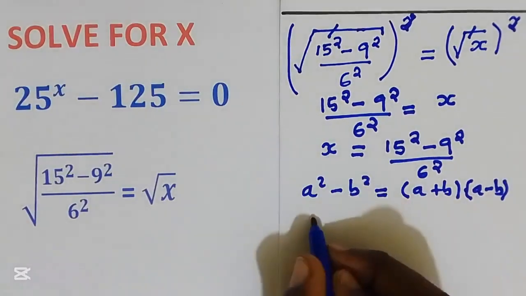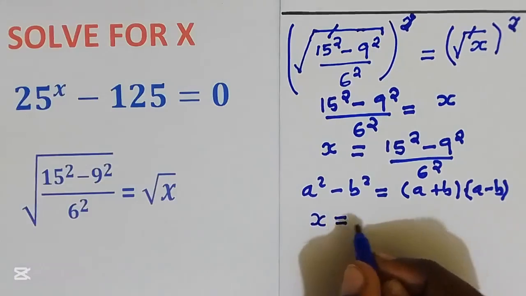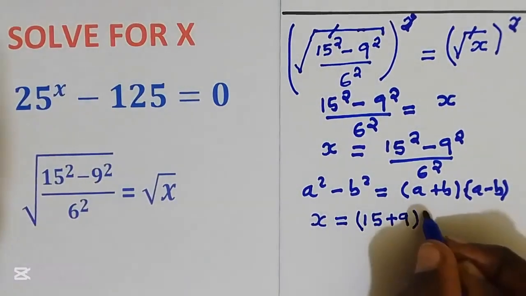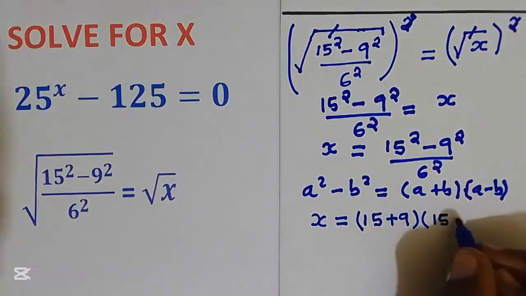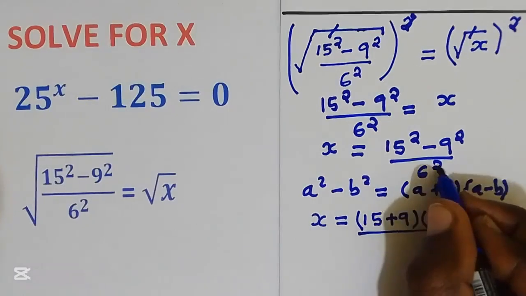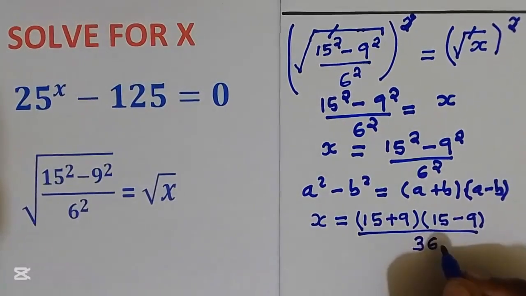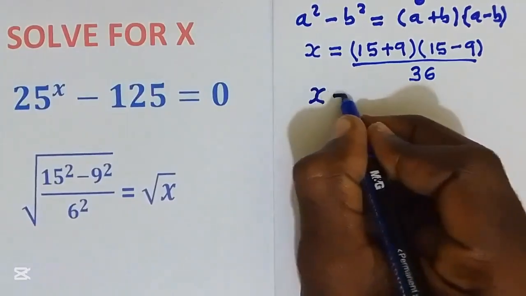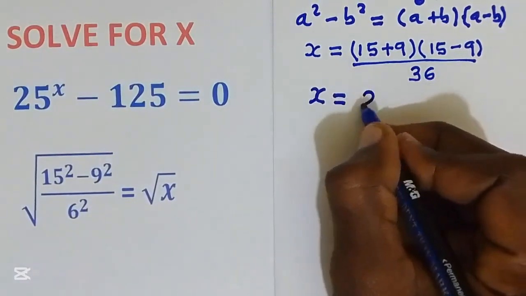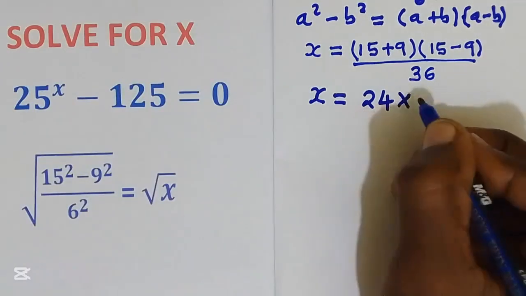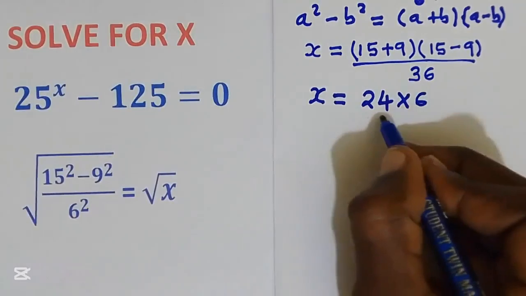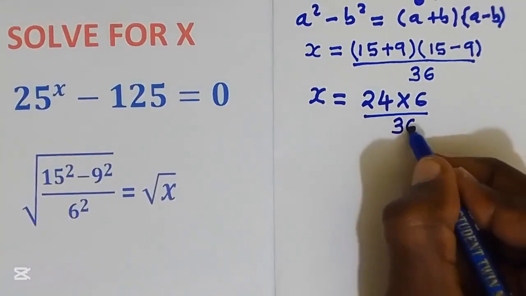So x is equal to (15 + 9) multiplied by (15 − 9) over 6², which is the same as 36. x is equal to 15 plus 9, it is 24, multiplied by 15 minus 9, it is 6, over 36.